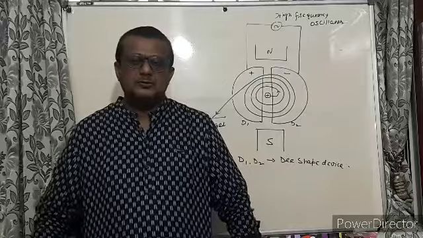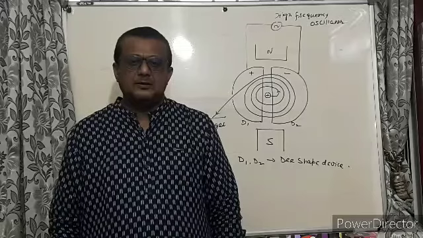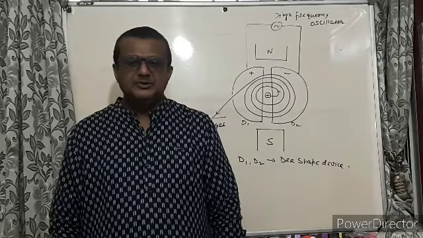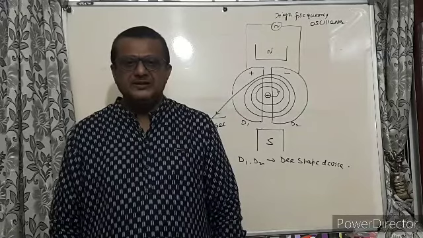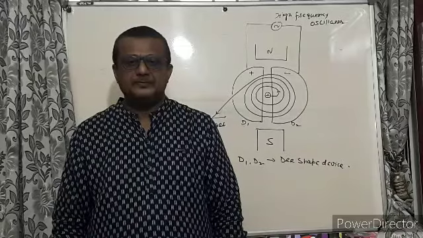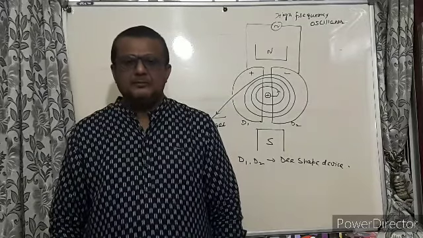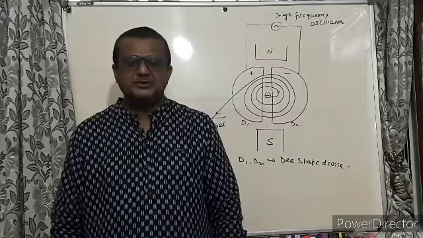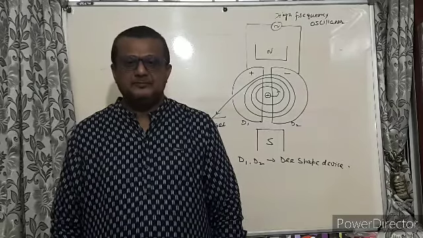So when a charged particle is attracted towards one of the D's, then the perpendicular magnetic field acts and it moves circularly.